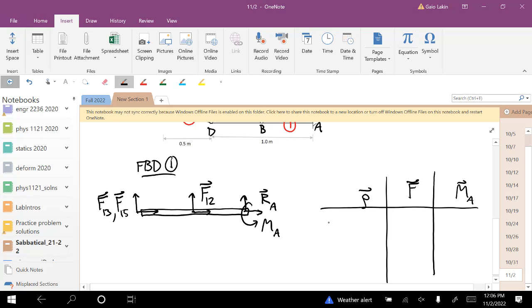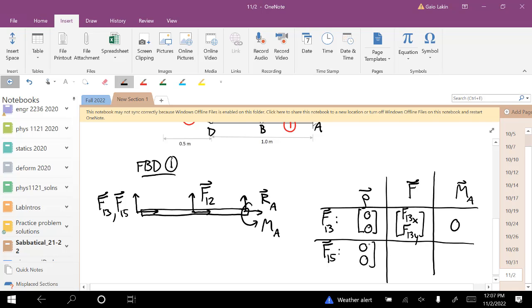Okay, so F13, row vector is 0, force is F13x, F13y, cross is 0. F15, row is 0, force is F15x, F15y.